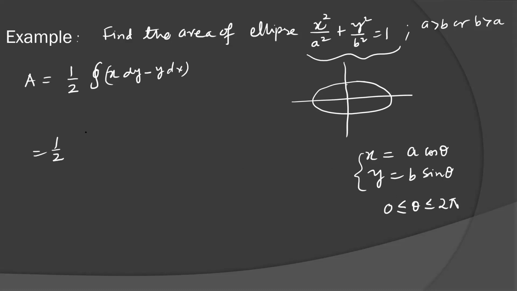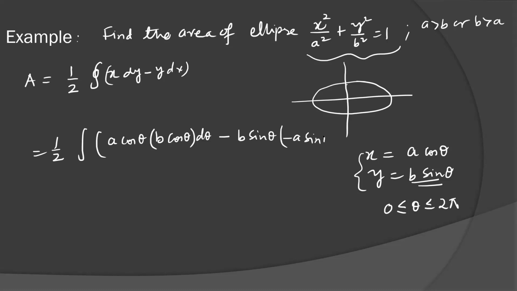It will become 1 by 2, x is a cos theta. What will be the dy? dy will become b cos theta d theta, minus y means b sin theta, dx will become minus a sin theta d theta, and the limit of theta will be 0 to 2 pi.